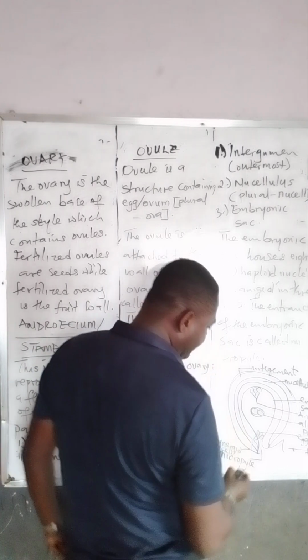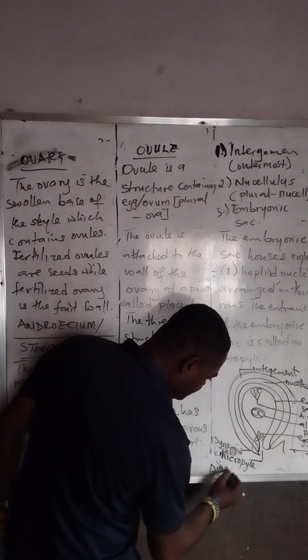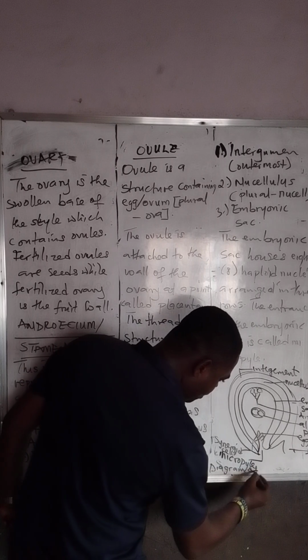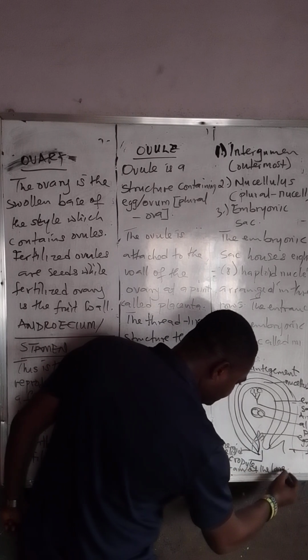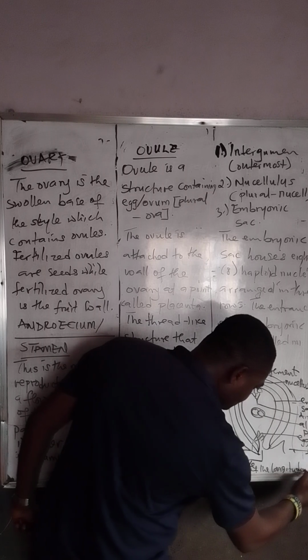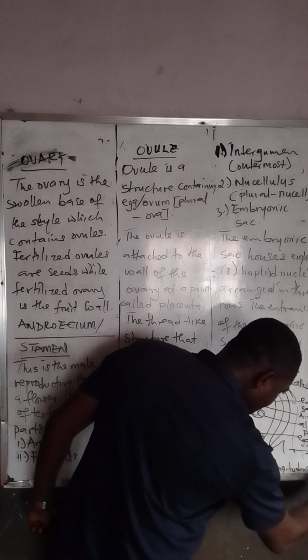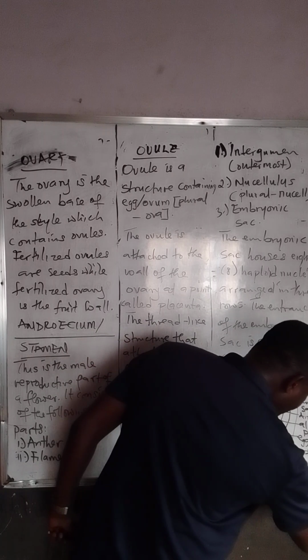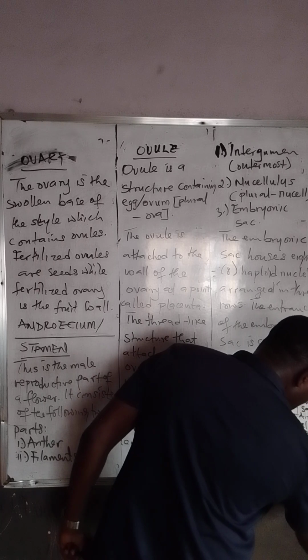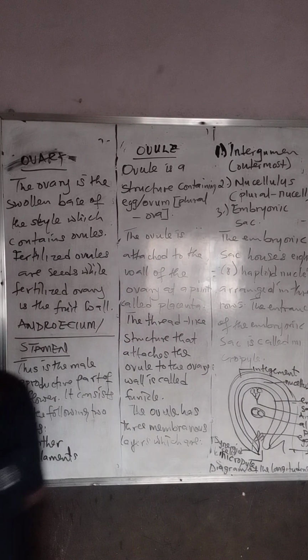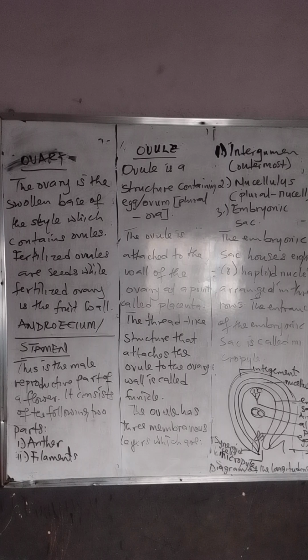So what I have here is the diagram of the longitudinal section of what? Of ovule. Now when you say longitudinal section, both longitudinal section and transverse section mean the internal part of something.